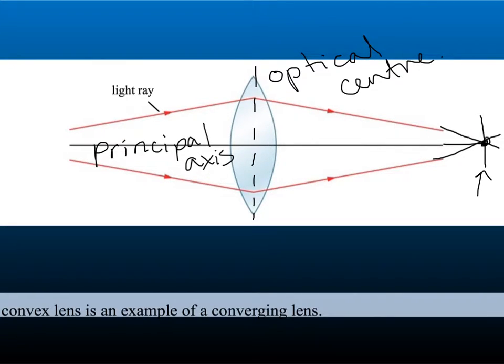This is called the focus of the lens. And the distance between the optical centre here and the focus here is called the focal length of the lens.